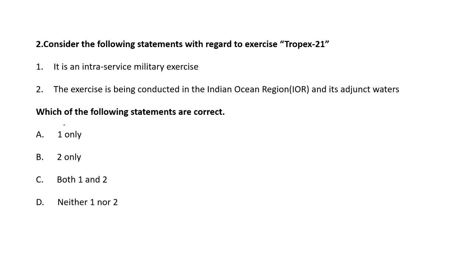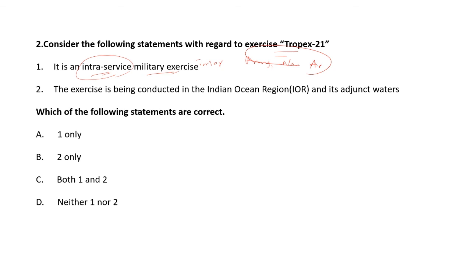So let us discuss the second one. Consider the following statements with regard to the exercise. Every day we discuss exercises involving the Navy, Army and Air Force. The first option says it is an intra-service military exercise. Is it intra-service? No, it is inter-service, because it happens between the Army, Navy and Air Force of India in the Indian Ocean region.